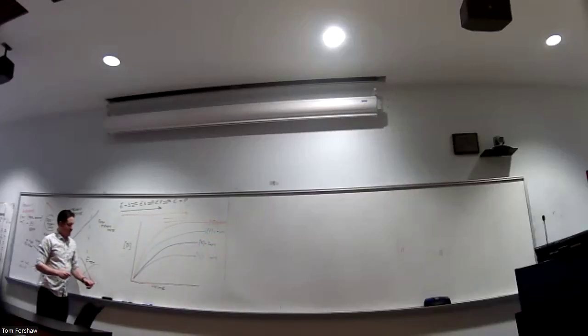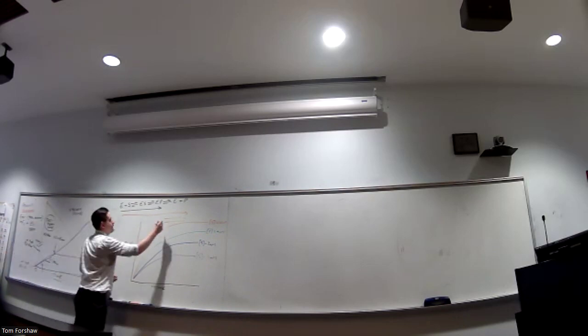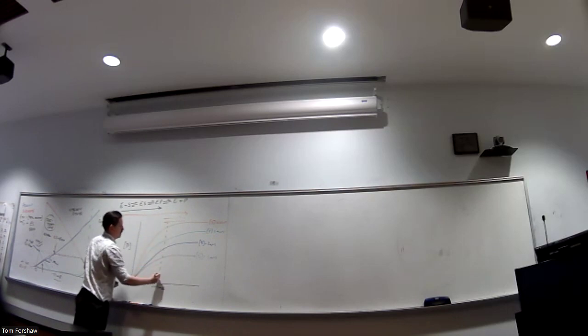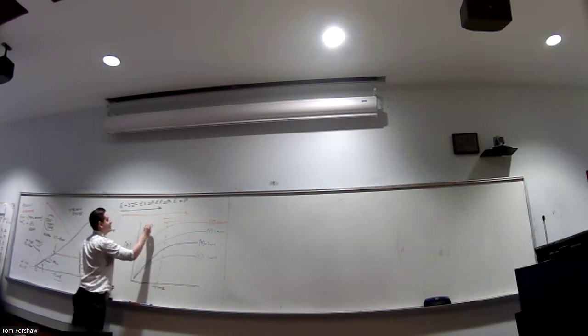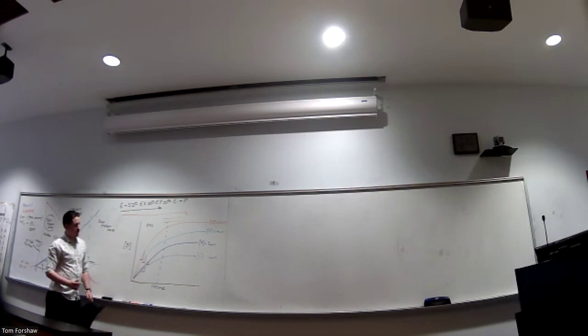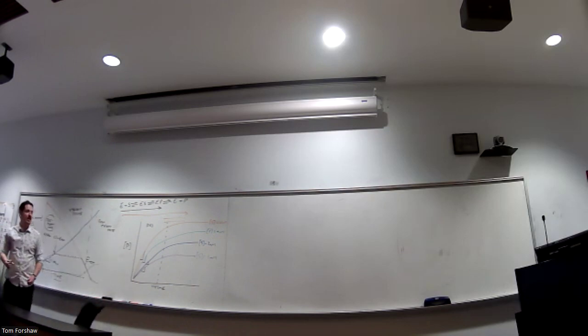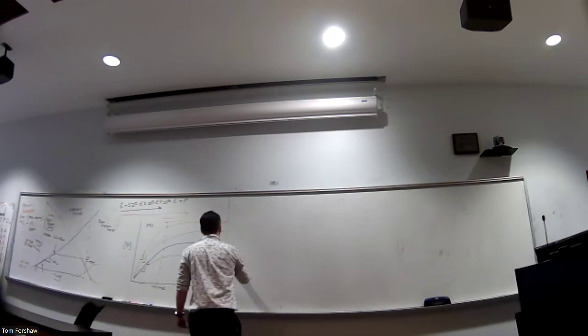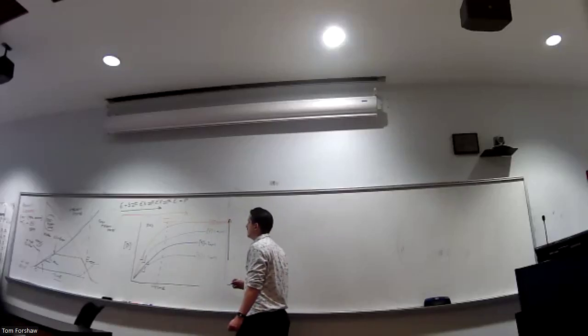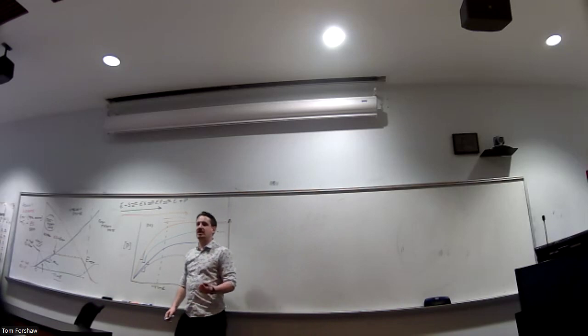And what we find is that if we look again in the pre-steady state, we can see that it gets steeper. As the substrate concentration increases, the amount of product you make over time increases.